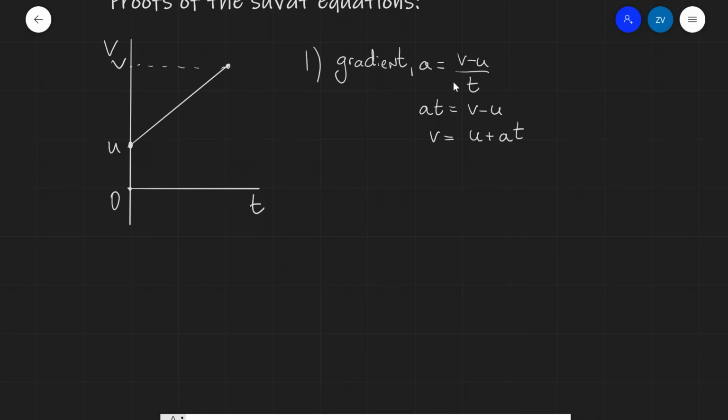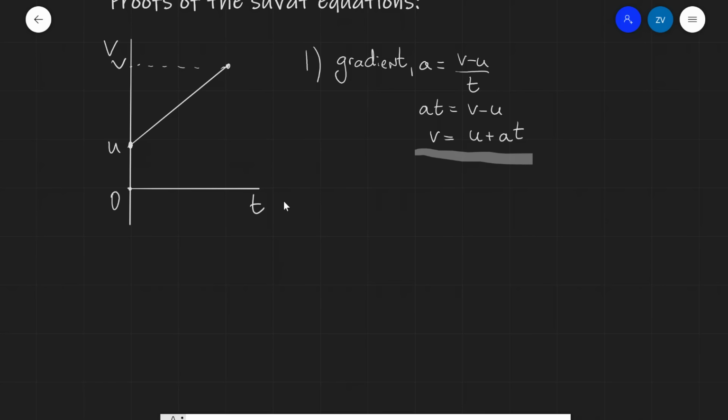We can then rearrange for v by bringing the t over to the other side, and I get at is equal to v minus u. In other words, v is equal to u plus at, which is one of our SUVAT equations proved simply by using the gradient.